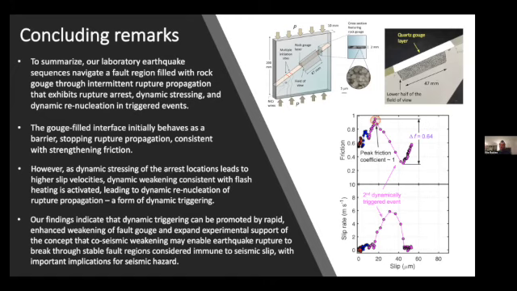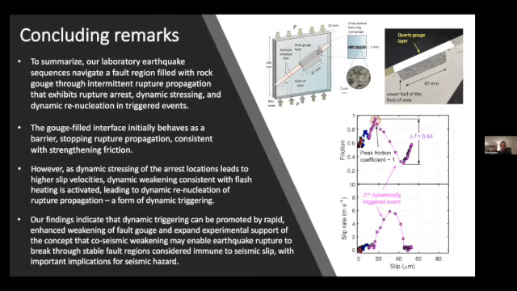It's not continuous, but like various events that stop, they rest, and then they are renucleated in these triggered events. And the key thing is that gouge here behaves as a barrier to dynamic rupture propagation, consistent with the strengthening of friction. However, as dynamic stressing associated with the rupture continues propagation in other parts of the sample, then dynamic weakening can be activated, and when it is activated, it gives rise to dynamic renucleation, which is a form of dynamic trigger.